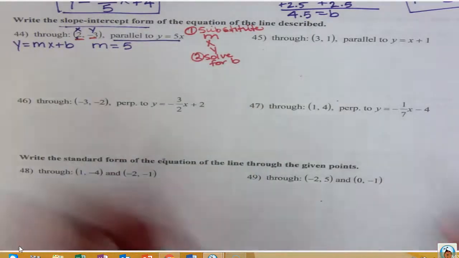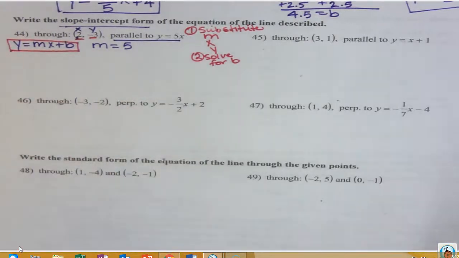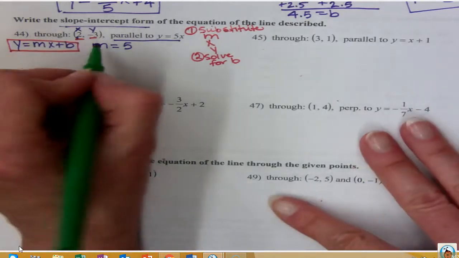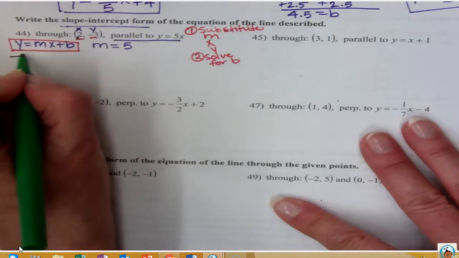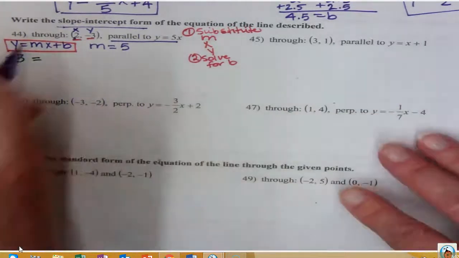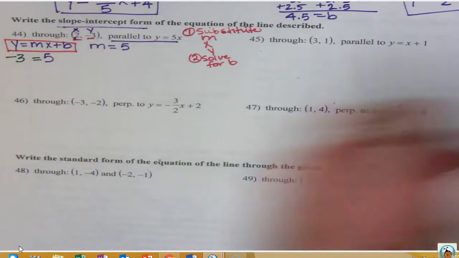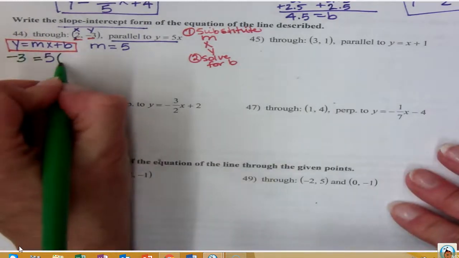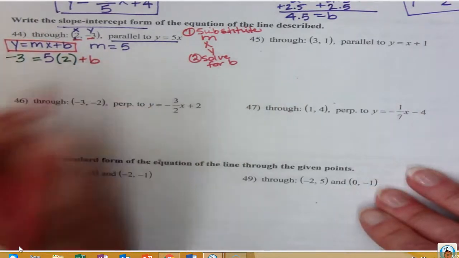The equation that we're using to do all that is this equation right here. If this is our x and this is our y, we're going to put in -3 as our y, 5 as our slope, 2 as our x, and then we're going to solve for b.